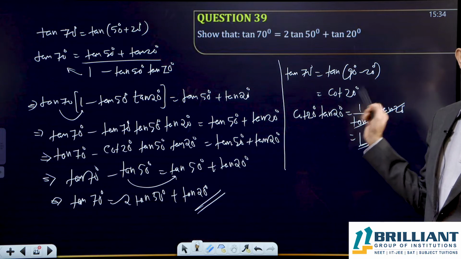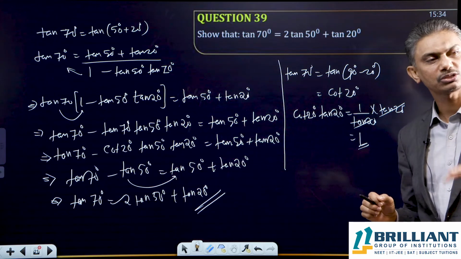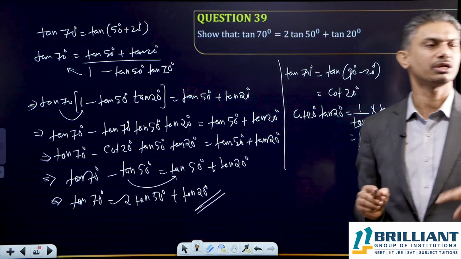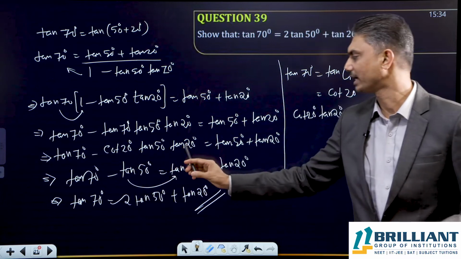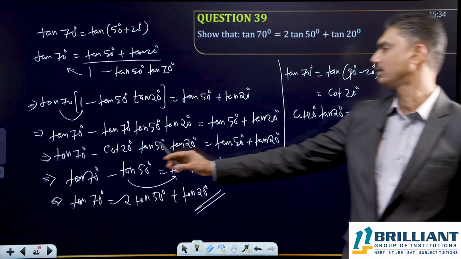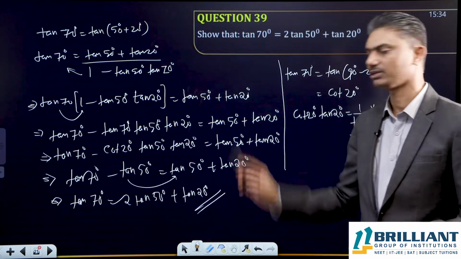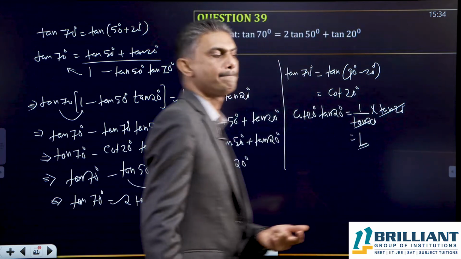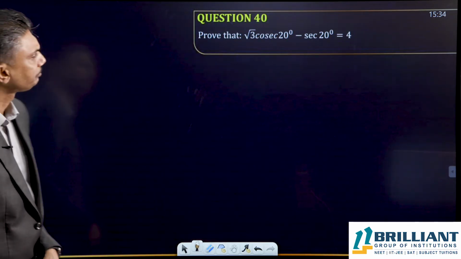Tan 90 minus theta is cot theta. You study it: 90 reduction is sine will change to cos, cos will change to sine, tan will change to cot, and cot will change to tan. So cot 20 into tan 20 is 1. So these two terms will cancel, only tan 50. Take the tan 50 to the right side, it will become 2 tan 50. Let us move to the next question.